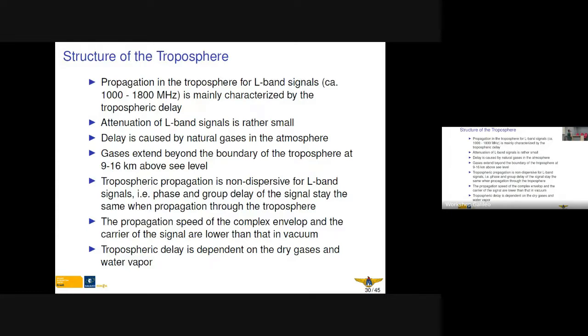Gases extend beyond the boundary of the troposphere at 9 to 16 kilometers above sea level. The tropospheric effect is non-dispersive for L-band signals. That is, phase and group delay of the signal stay the same when propagating through the troposphere. The propagation speed of the complex envelope and the carrier of the signal are lower than in vacuum. And the tropospheric delay is dependent on dry gases and water vapor.